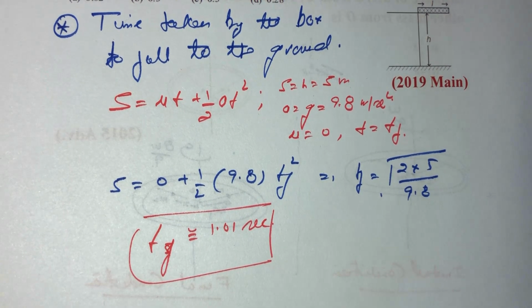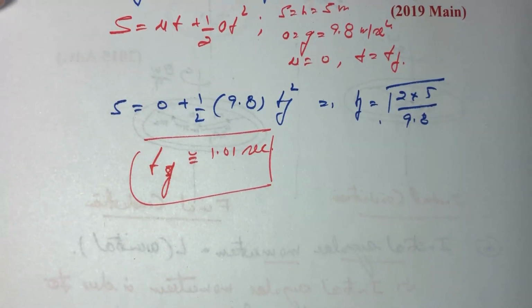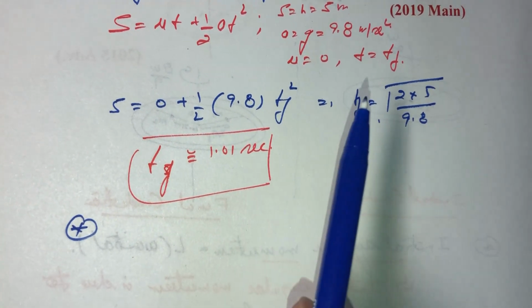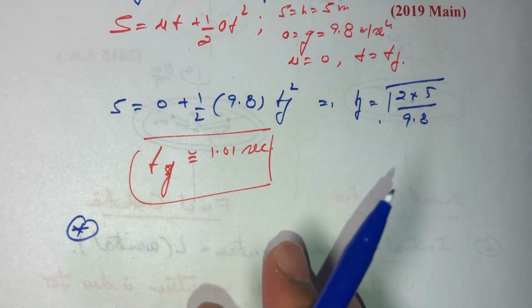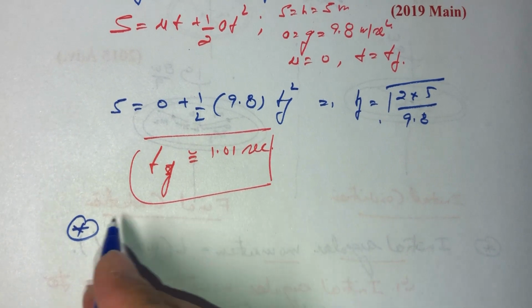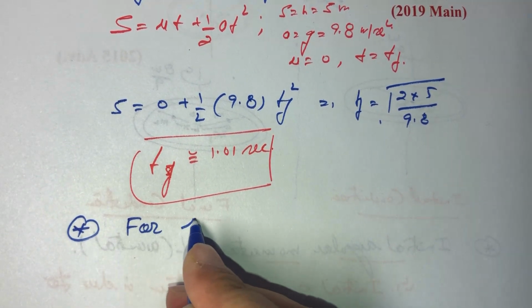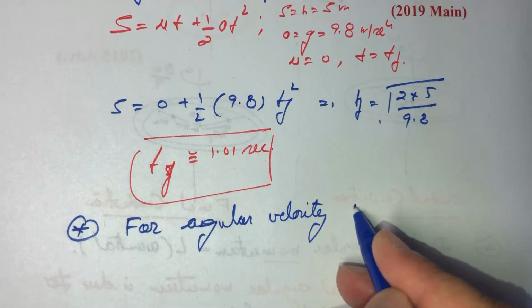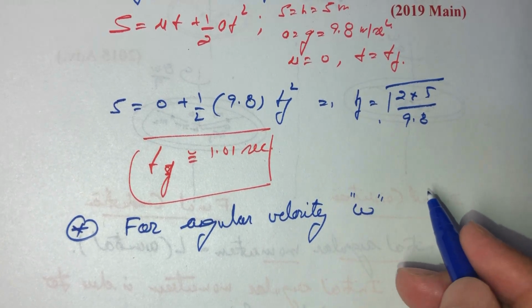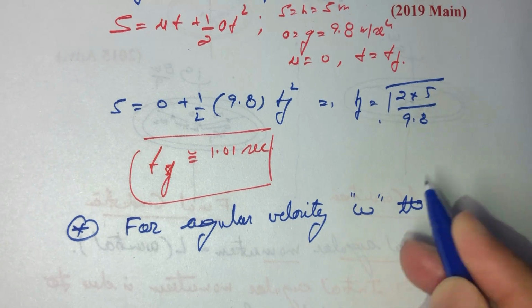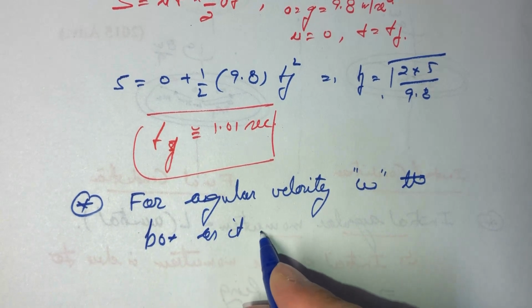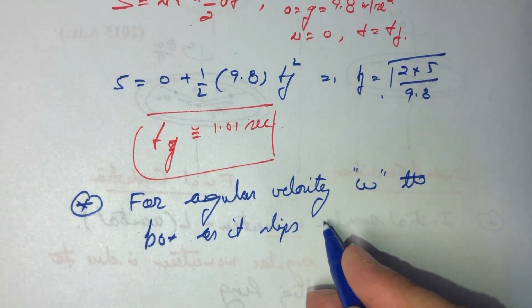Now, if omega is the angular velocity attained by the box as soon as it starts to fall towards the ground, then let me write it first: for angular velocity omega of the box as it slips off the table.